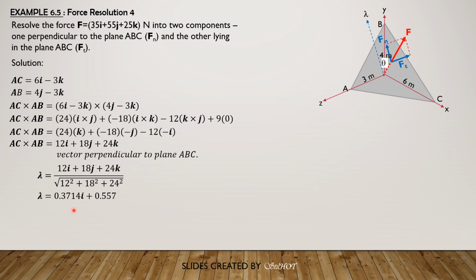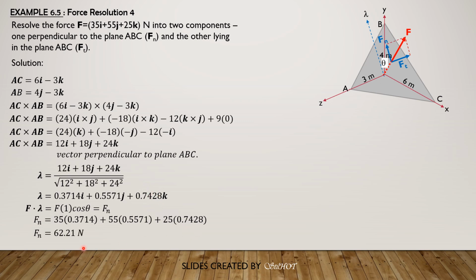So lambda in decimal is 0.3714i plus 0.5571j plus 0.7427k. So F dot lambda is equal to F times 1 cosine theta equals Fn. So Fn is 35 times 0.3714 plus 55 times 0.5571 plus 25 times the k component of the unit vector, 0.7428. So Fn is 62.21 newtons.